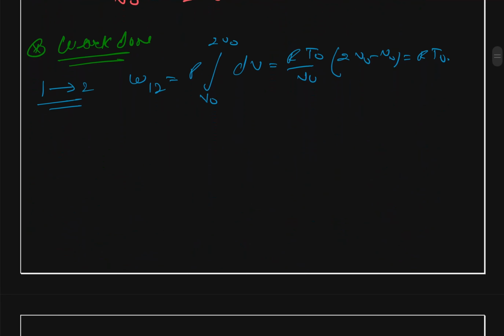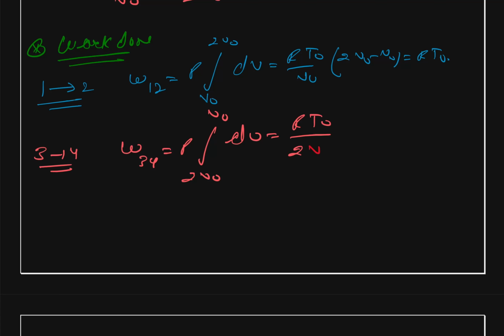Therefore, for the process 3 to 4, W34 will be equal to the integral of P dV from twice V naught, and we get this as R T naught upon twice V naught times (V naught minus twice V naught). V naught cancels out, so this comes as minus R T naught by 2.